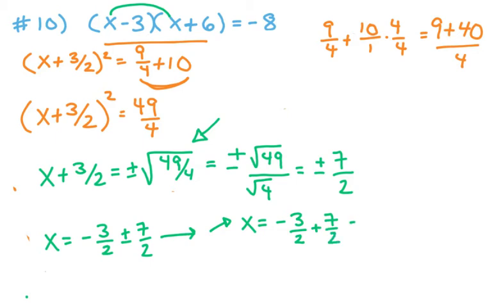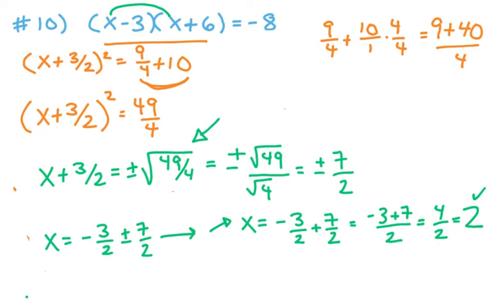What is that? That is negative 3 plus 7 divided by 2, which is 4 divided by 2, which is 2. Yippee!